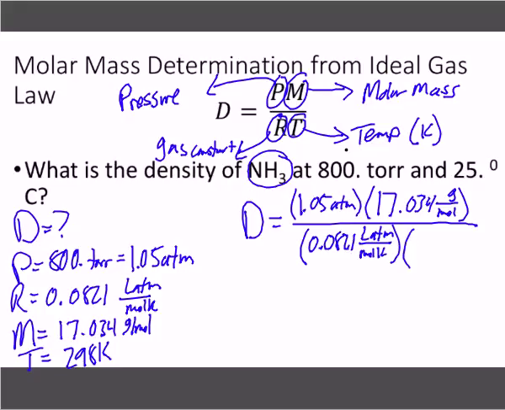Moles are going to cancel out. Atmospheres are going to cancel out. And then we have our temperature, which is 298 Kelvin. That's going to cancel out because it's on the bottom of this one, it's on the top there. So we're only left, guys, with our units of grams on the top here, liters on the bottom. Well, that hopefully should be good for us because it's grams per liter is our density unit.